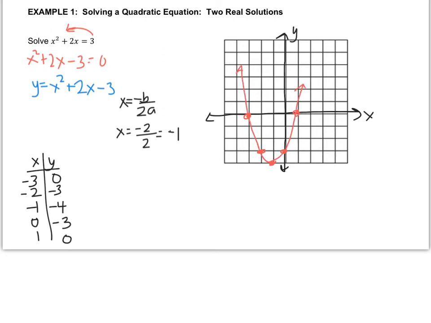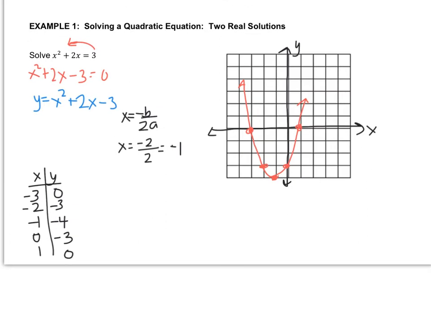I'm just going to label this parabola y equals x squared plus 2x minus 3. The answer is the x-intercepts. So it's crossing the x-axis right here. So the values of x are 1 and negative 3.